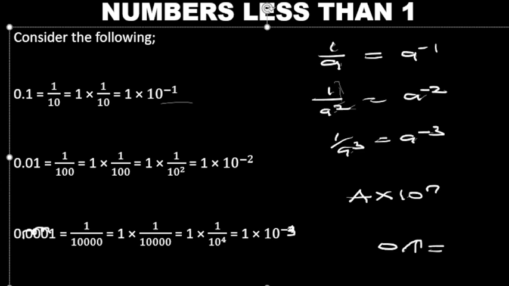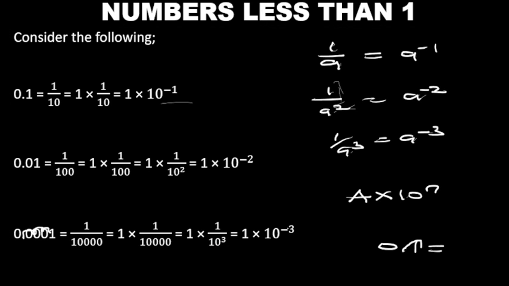Let me correct that. This is raised to the power of minus 3. How many times do we shift the point to the right? We shifted the point to the right 3 times, isn't it? So that will be 1 times 10 raised to the power of minus 3.